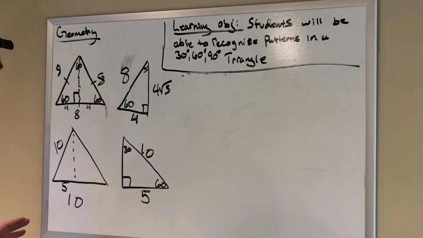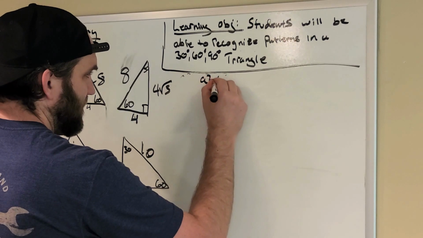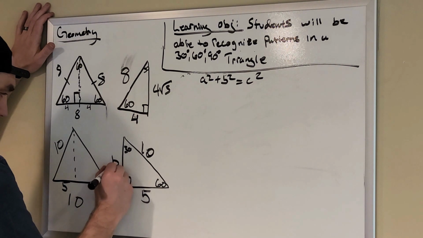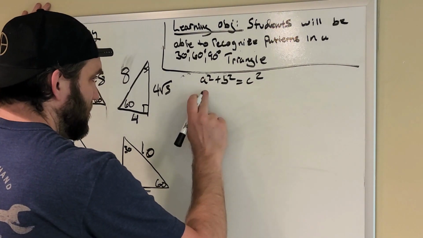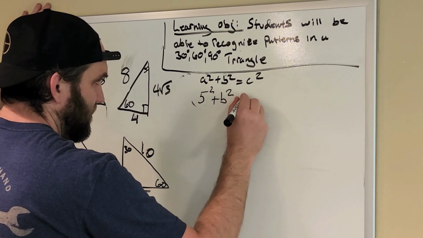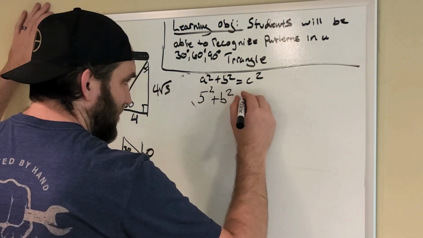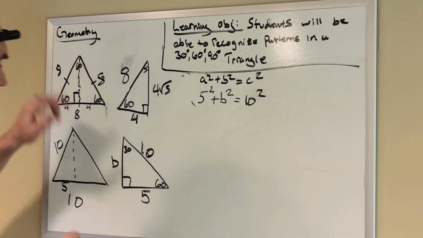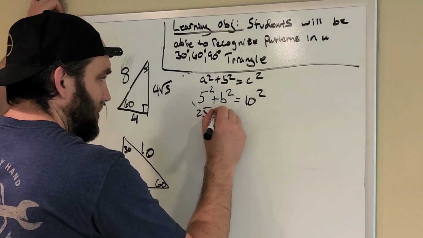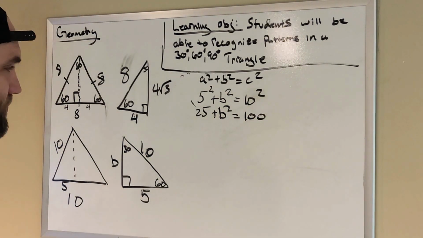Okay, so again, we're going to set it up. A squared plus b squared equals c squared, where my a squared is 5. 5 squared plus b squared equals c squared, where my c squared is going to be 10 squared, because that's on my hypotenuse, which is right here. 5 times 5, 25, plus b squared equals 10 times 10 is 100.